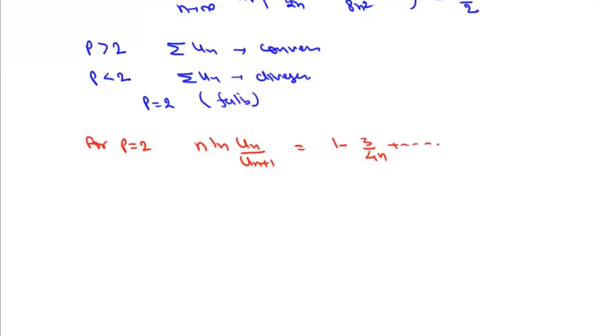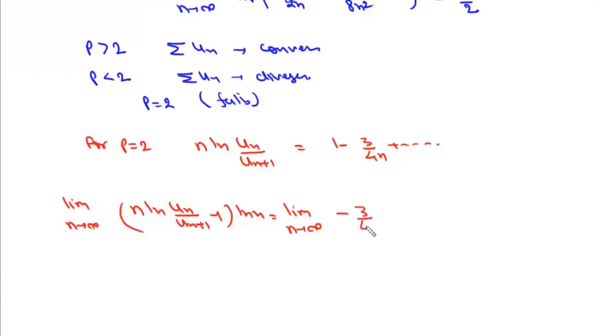Now we use the second logarithmic ratio test, and for this we'll find this limit n tends to infinity, (n log (un upon un plus 1) minus 1) into log n. So it will be this limit n tends to infinity. Now this n log is this value, and then minus 1. So it will be this minus 3 by 4n plus higher powers of 1 by n, into log n.